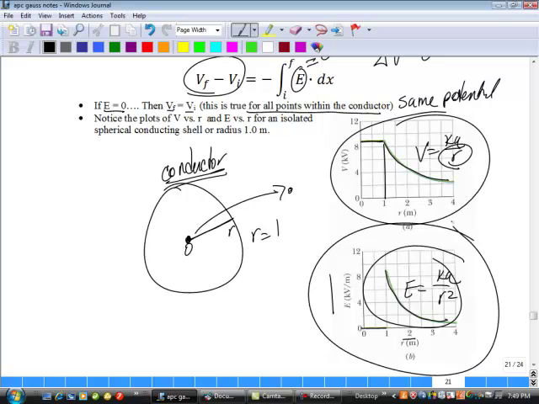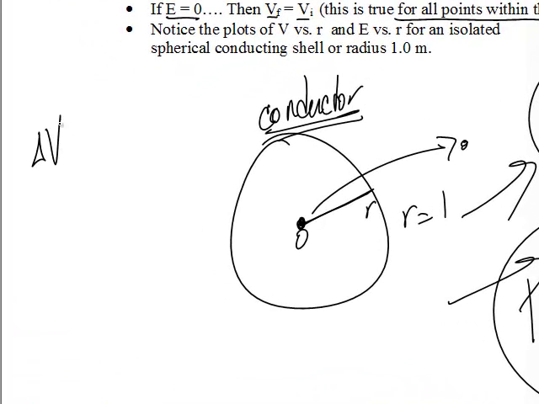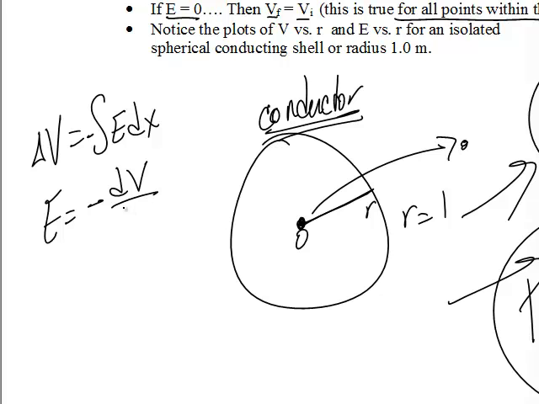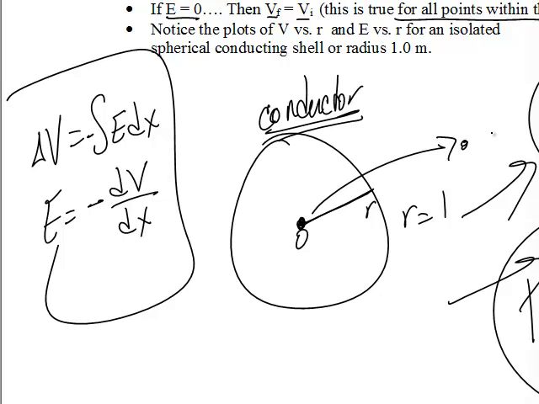If you know nothing else, make sure you remember these two things and then our formulas: the change in volts is the integral of negative E dot dx, and the electric field is the negative derivative of potential as a function of x. Big three right there. Hope it made sense to you.